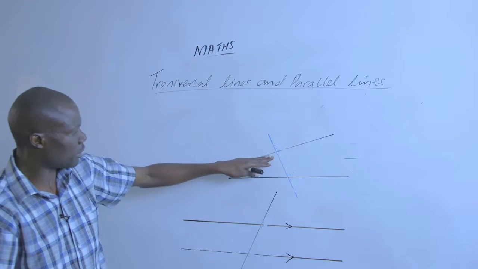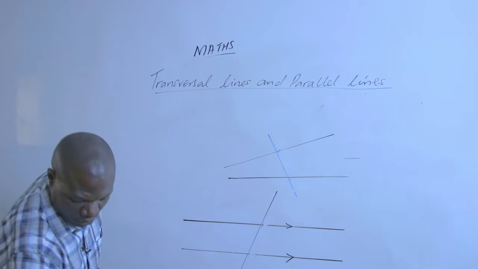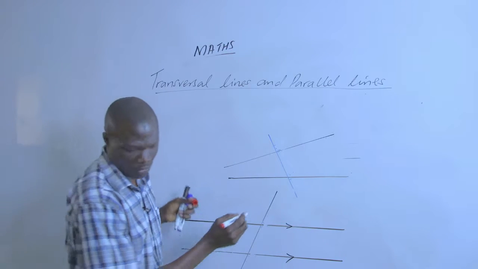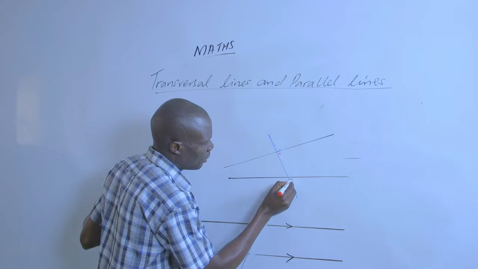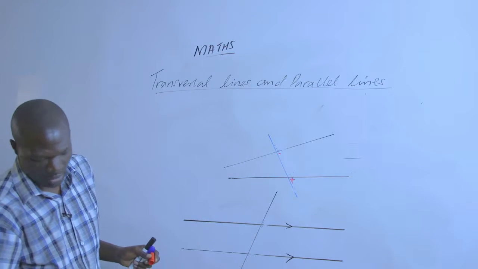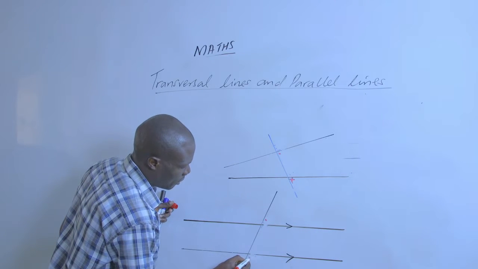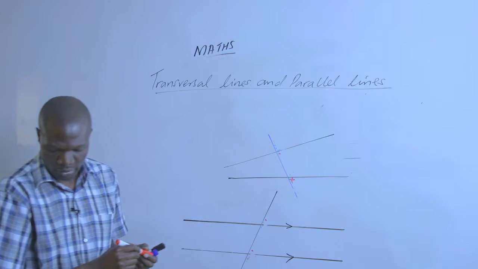So we have a transversal line crossing across the two, and I want us to concentrate on the following. We have an angle formed here, and another one is formed here. I'll put an X. There is another angle formed here. And here.